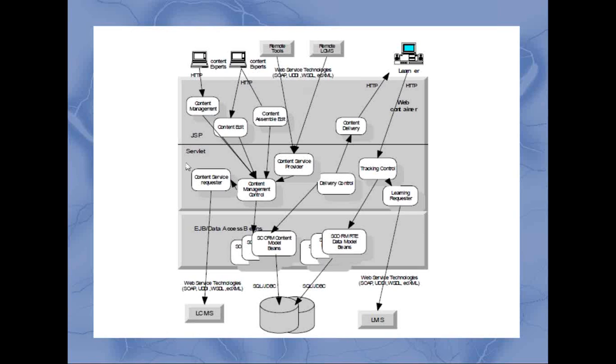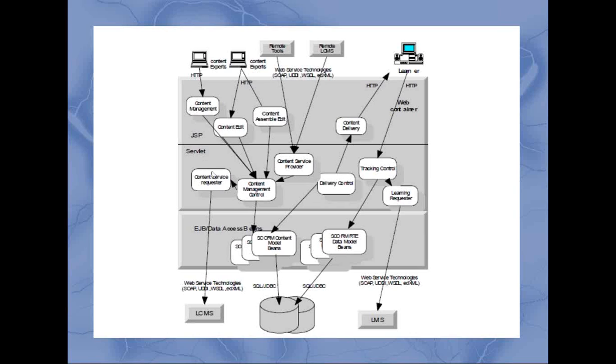The servlet layer serves the content and processes the requests. The servlet layer also has a content management control, which controls which content is going to which particular user. We can have different types of users. The different types of users, as you can see on top, are learners or the students, content experts who are the subject matter experts, and teachers.